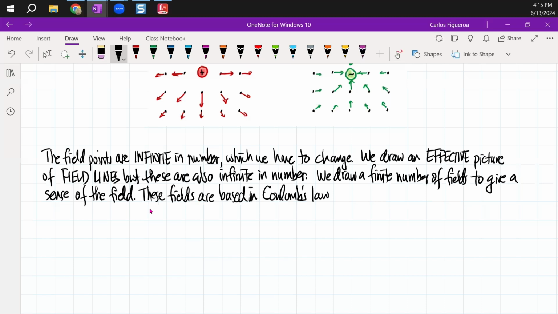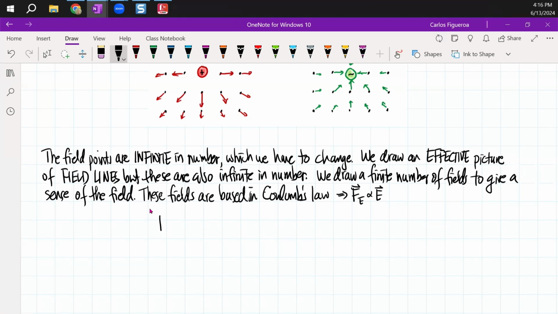Now, I want to be careful when I say this, because not all fields drop off as 1 over r squared. But what Coulomb's law is saying is that the electric field vector must be proportional to the electric force.